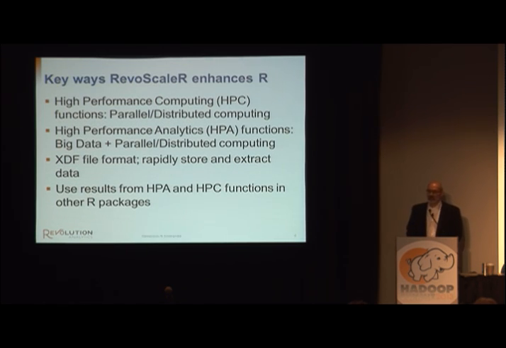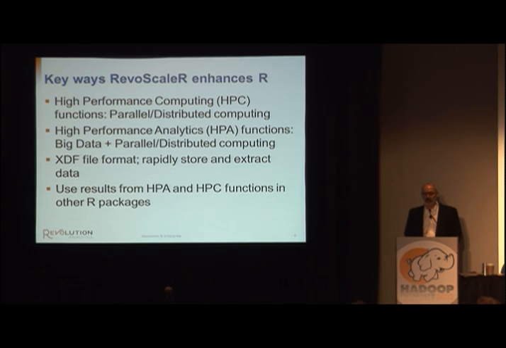A few of the ways that this package enhances R: we'd like to distinguish between high-performance computing, which is parallel or distributed computing, and high-performance analytics, which is parallel or distributed computing plus big data. We support both of those modes in Revoscale R. Additionally, we have a file format we call XDF, which is a binary file format that's very efficient and allows you to rapidly store and extract data.